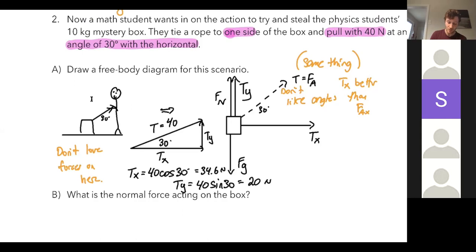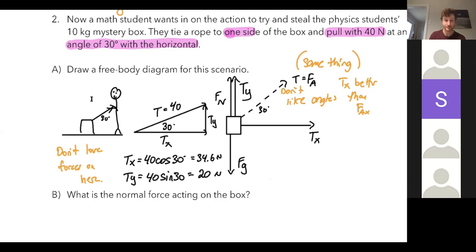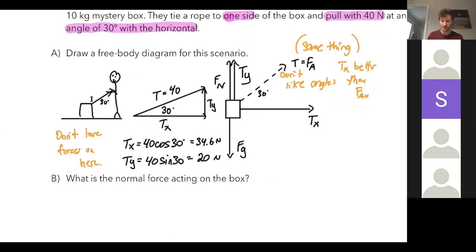We know both of those things. If this reminds you of vectors, that's because it is. That's all this is, vectors. So we know our x and y components. It's an extra step when you are pulling at an angle. So that's our free body diagram.